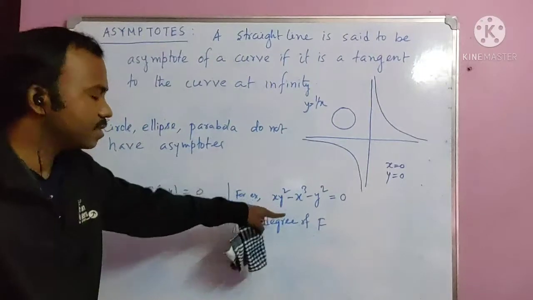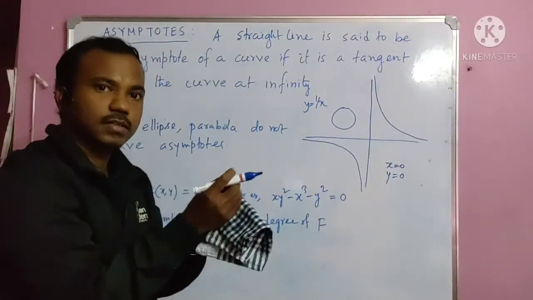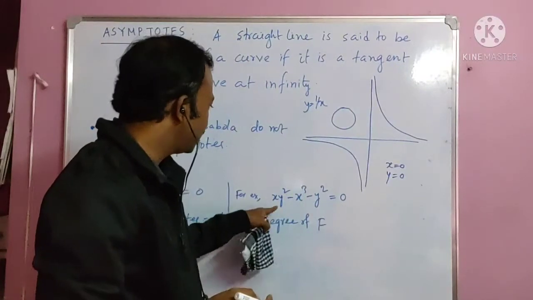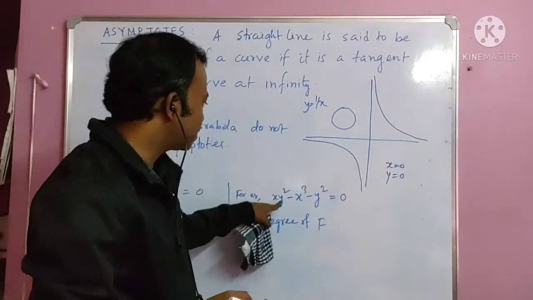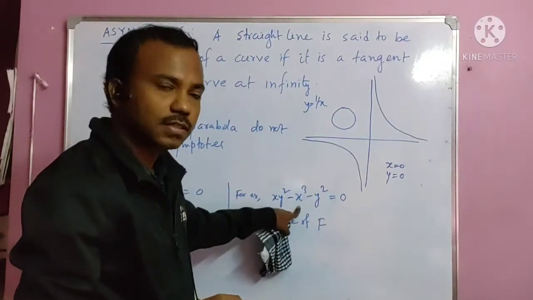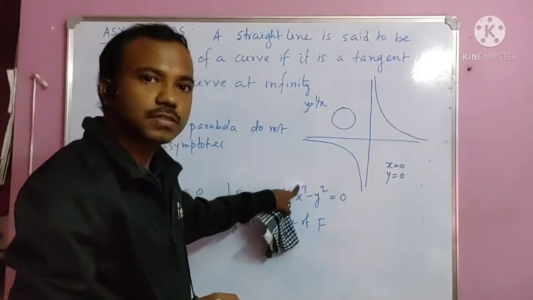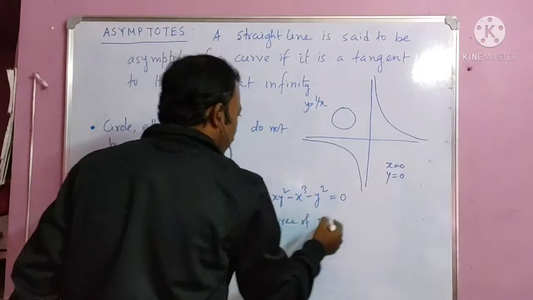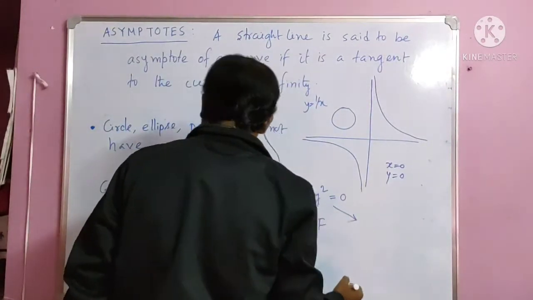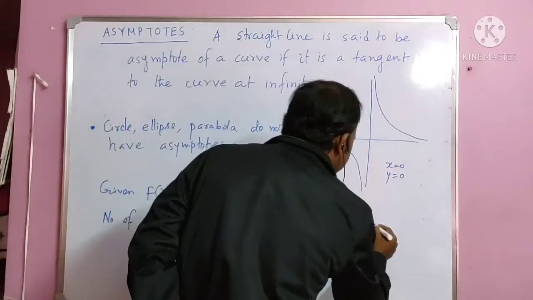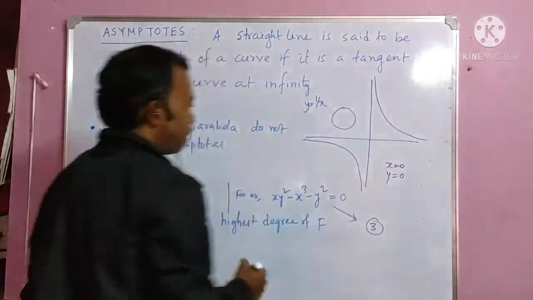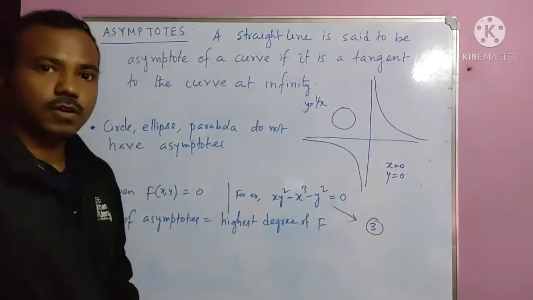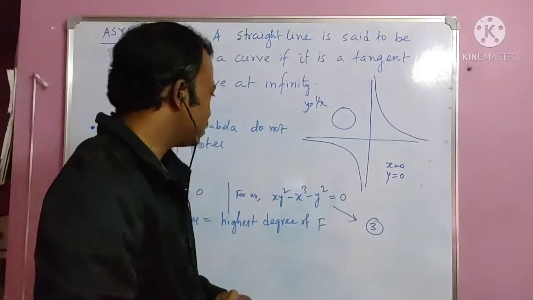The highest degree comes from adding the powers of x and y. Now see, x y squared and x cubed both have degree 3, so the highest degree is 3. In particular, for this we will have 3 asymptotes. Okay. All right. Now the next question.